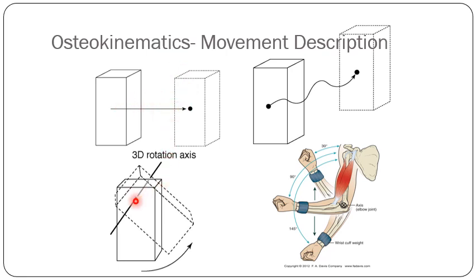Rotary motion is when you rotate around an axis. So the difference here is that points on the surfaces are going to move at different velocities, meaning the farther you are away, that farthest point is going to move the fastest. So if we look over here, this would be demonstrating rotary motion occurring at the elbow.